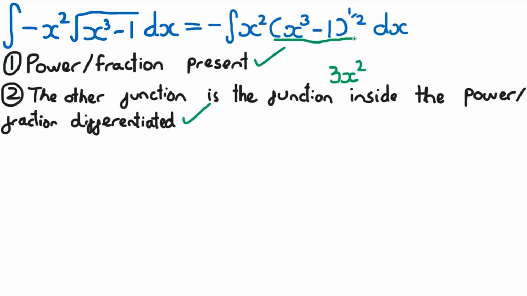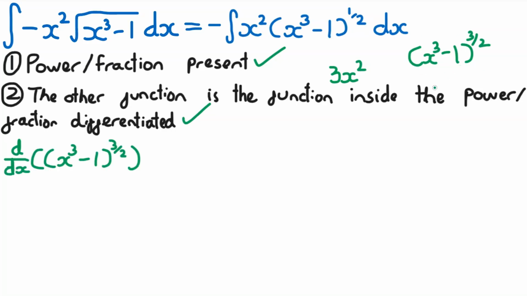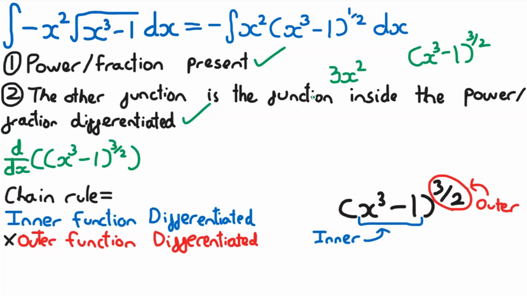So if we consider this x cubed minus 1 to the power of a half, let's now consider x cubed minus 1 to the power of 3 over 2. So we've increased this power by 1. And then let's differentiate this x cubed minus 1 to the power of 3 over 2. So we need to use the chain rule. And if we look at this, the inner function is this x cubed minus 1, and the outer function is this power of 3 over 2.